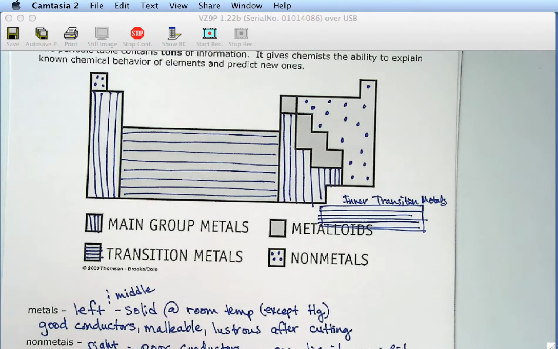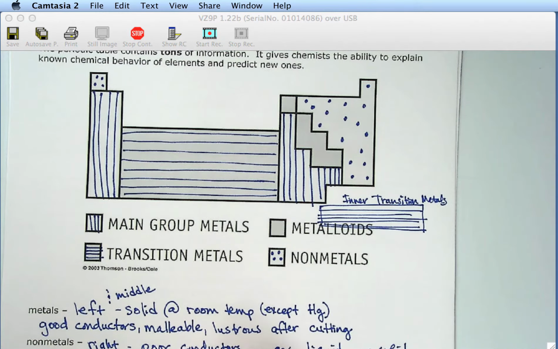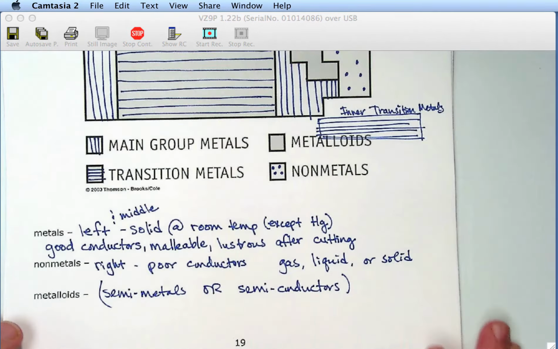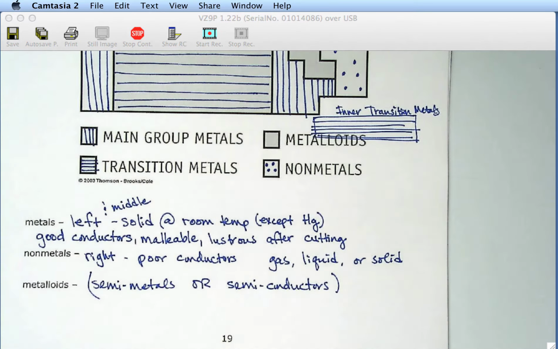You'll hear it, the term has changed a lot. It's semi-metals or semiconductors. Sorry about that. Semi-metals or semiconductors. They have properties between metals and non-metals.